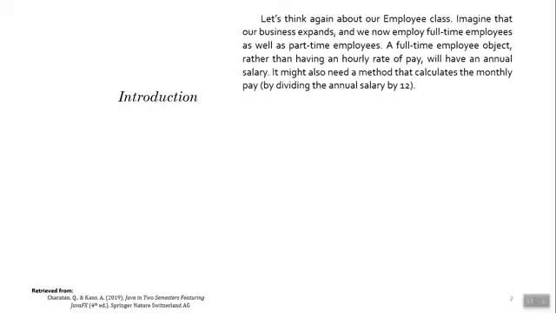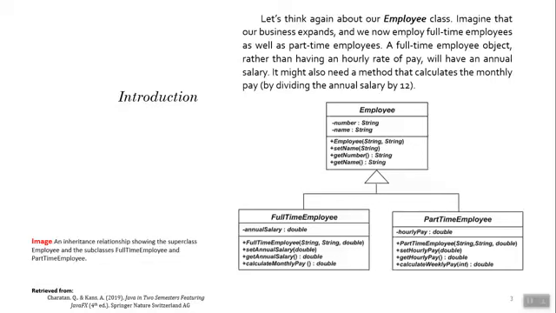So this time we will have full-time employees. In our UML diagram, as you can see here, we now have a full-time employee class with this property: annual salary, which is a double.